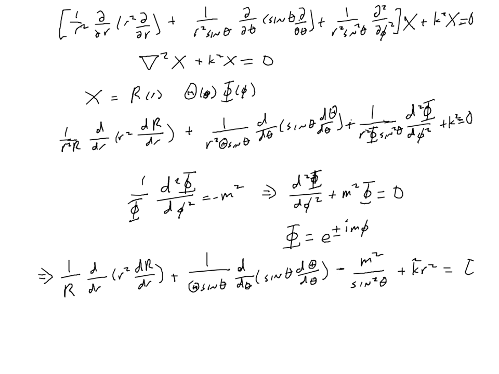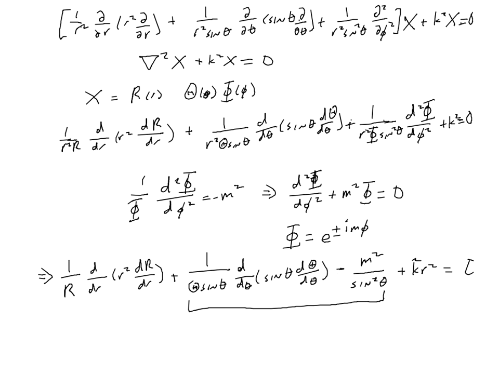And so you can see here, I've eliminated phi as a variable, and I've eliminated time as a variable. So what happens here is, if you look at this, these two terms right here only depend on theta. And this first term and the last term depend on r, right?